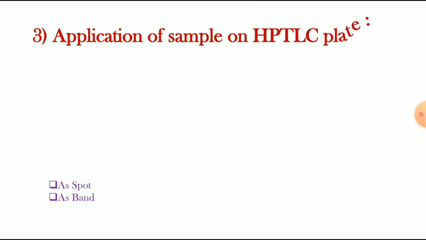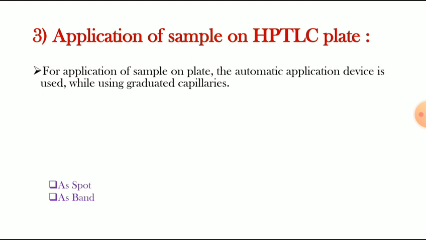So the third step will be the application of sample on the HPTLC plate. That means how to apply sample on the HPTLC plate. That we are going to see now. For application of sample on the plate, the automatic application device is used, while using graduated capillaries.